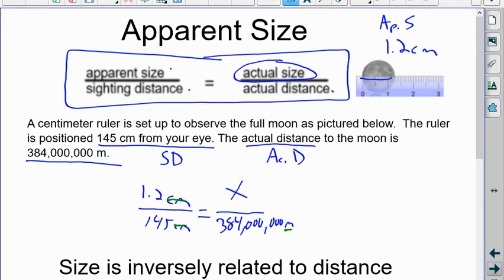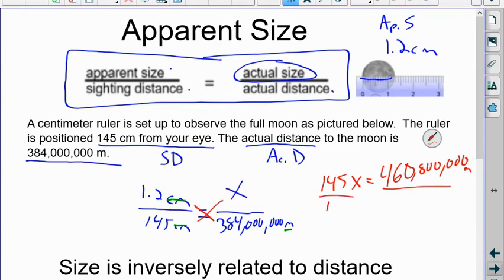I'm going to cross multiply. So I'm going to have 145x equal to 384 million times 1.2, which I will do out really quickly. 384 times 1.2 gives 460.8, so 460,800,000 meters.